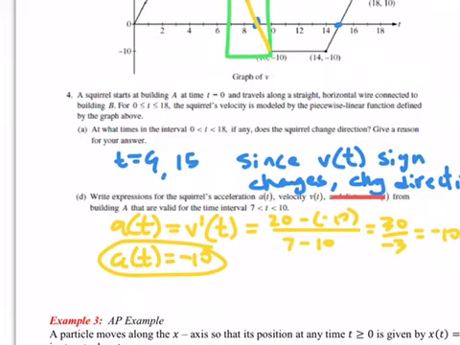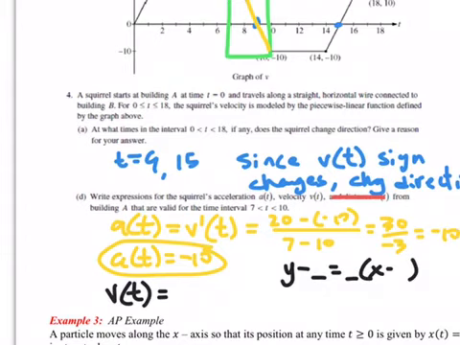Meanwhile, the velocity expression or equation during this interval could be represented using the equation of that line. And so just looking at point-slope form, if I have a coordinate and a slope, I can write the equation of this line. I already know the slope of that line is negative 10, and I know one point for sure is the point (9, 0).